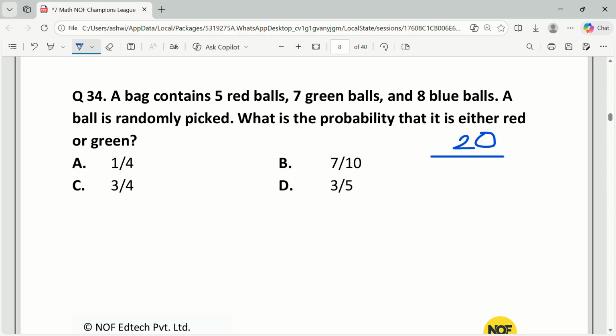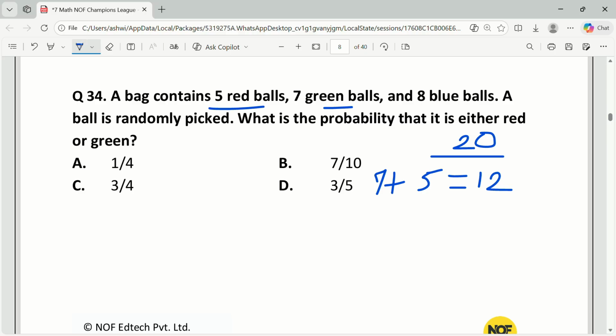The favorable outcomes are picking either a red ball or a green ball. The number of such outcomes will be number of red balls plus number of green balls, which will be 7 plus 5, which is 12.